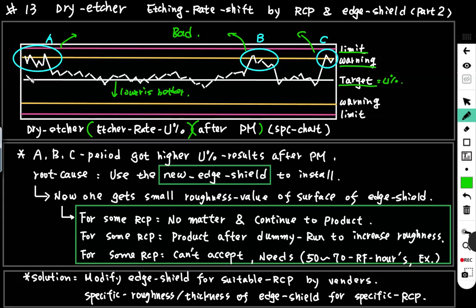From this long period SPC chart, we can analyze it. The A and B and C periods got high uniformity, which is bad. These are results after PM, as this is the after PM chart.